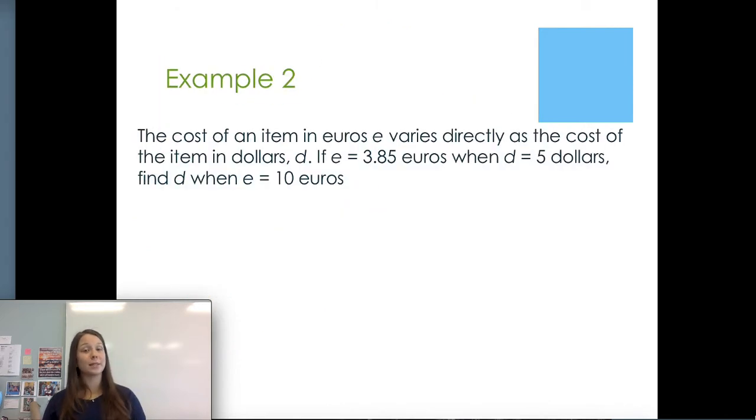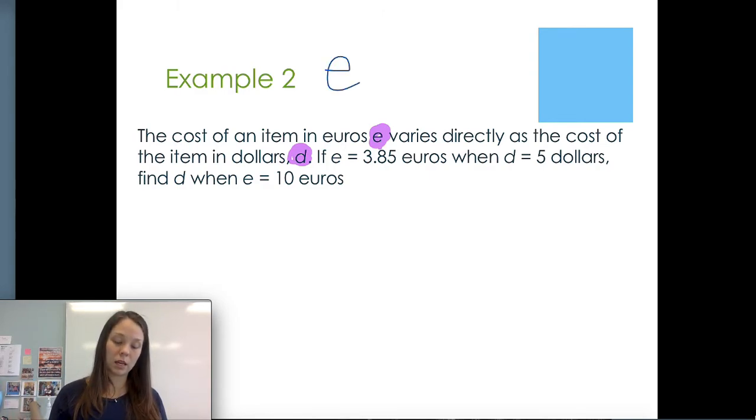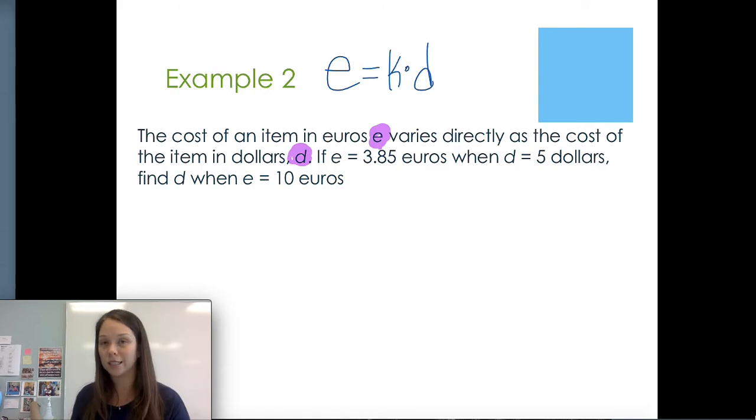Let's take a look at example 2, where the variables are a little different and it's more of an applicable situation versus a graphing situation like in example 1. We're told that the cost of an item in euros, E, varies directly as the cost of the item in dollars, D. Notice the sequence: E varies directly as D. Our setup normally says y varies directly as x, so now we have E equals our constant of variation k times D, our dollar amount.